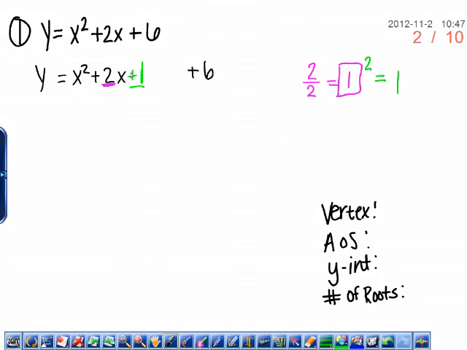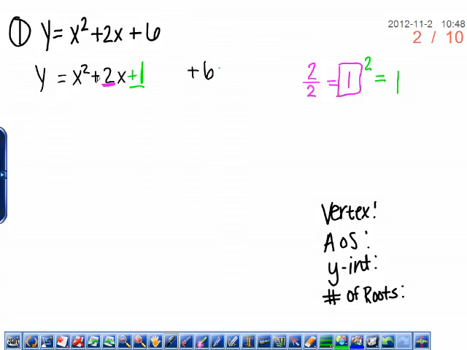Am I allowed to just add 1 anywhere I want? Have I messed up this equation now? Yeah, I've added 1 to it, right? So I have to counteract that 1. If I add 1, how can I counteract it and make it act like we didn't do anything?